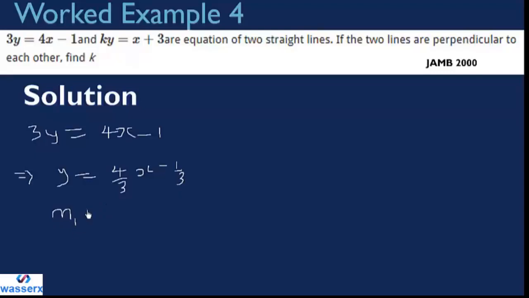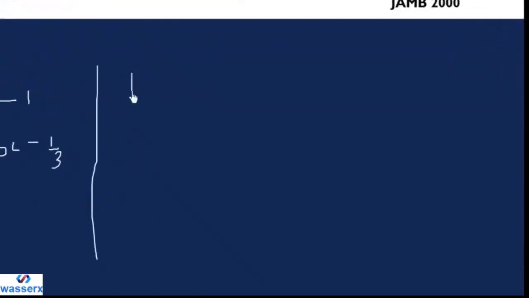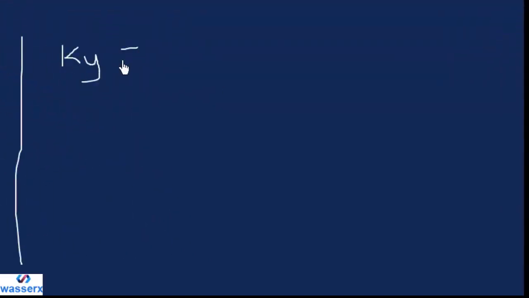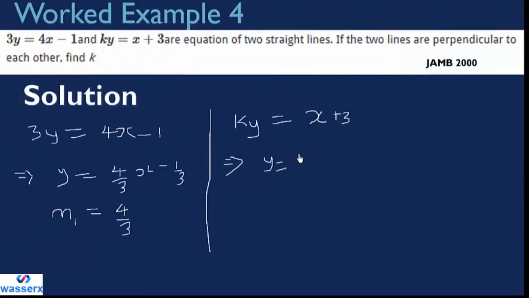So the gradient of the first equation is m1 equals 4 over 3. For the second equation, we have ky equals x plus 3. Dividing through by k, we have y equals 1 over k x plus 3 over k. So the second gradient m2 is equal to 1 over k.